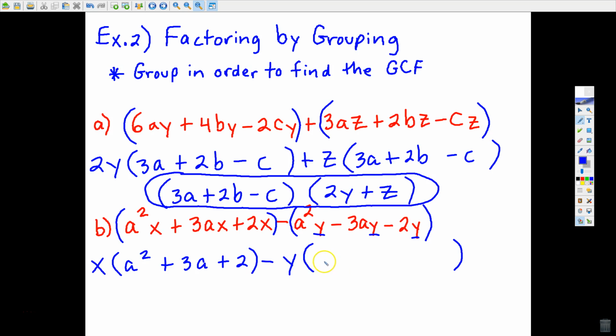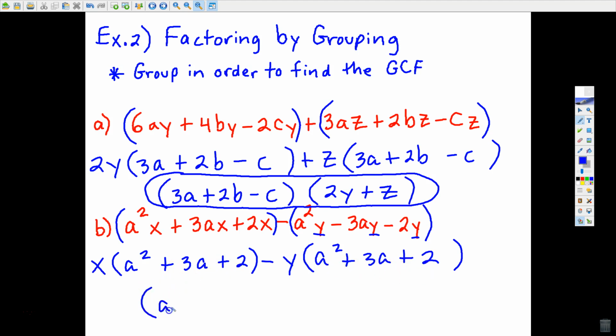Wait, no. A squared plus, I'm sorry, I said positive, I meant negative. Negative a squared plus 3a plus 2. Okay, and we are good because we have the same group in parentheses, they match.